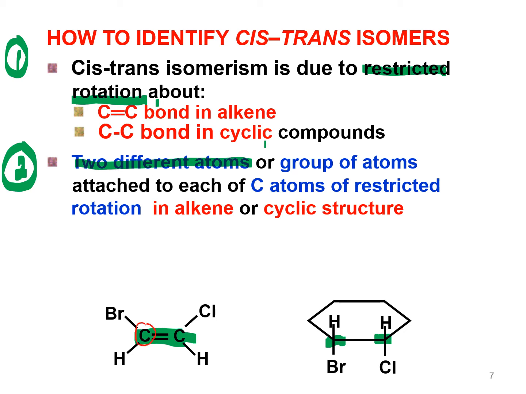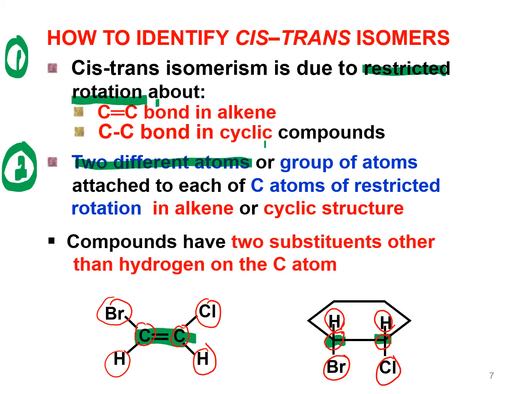This carbon ada dua different group, bromine, hydrogen. Carbon yang ini pun ada dua, chlorine and hydrogen, two different group. Untuk cyclic structure, carbon ini mempunyai dua group, different group, hydrogen and bromine, and this carbon also have hydrogen and chlorine, two different groups or atoms.